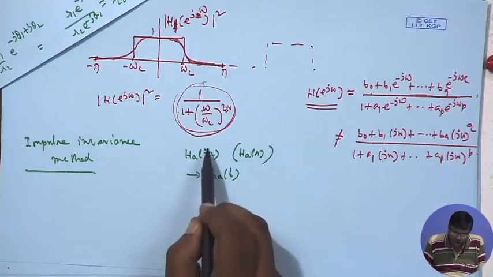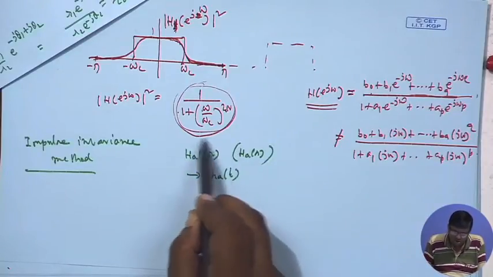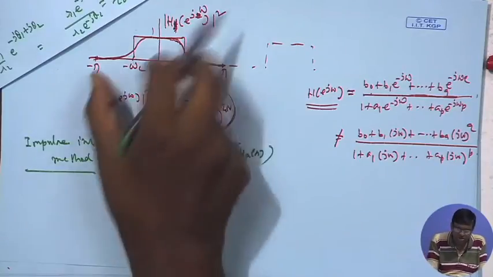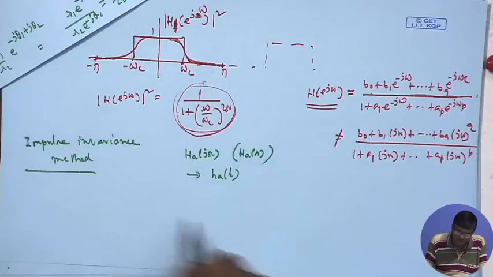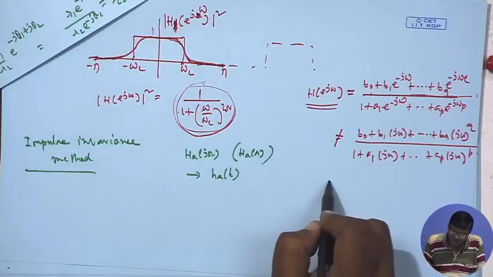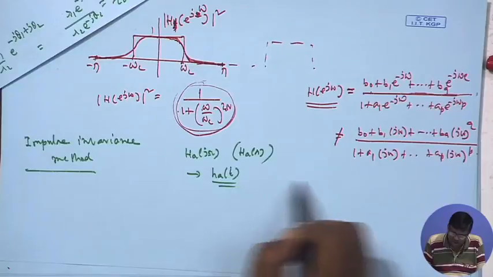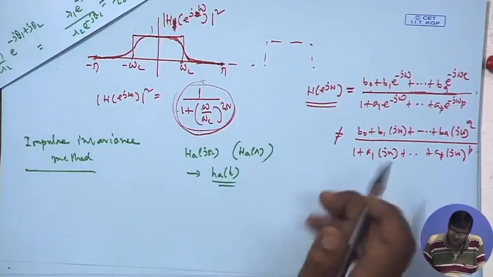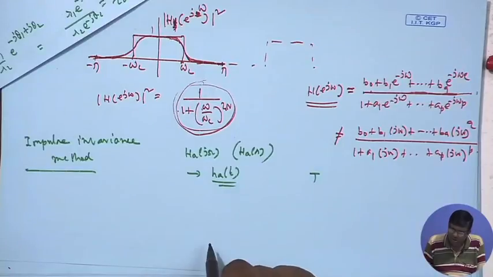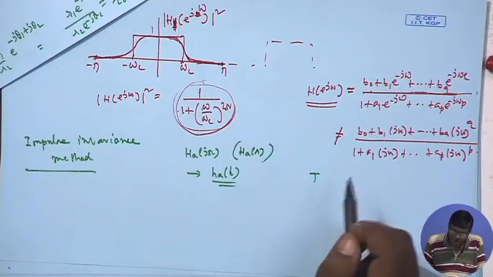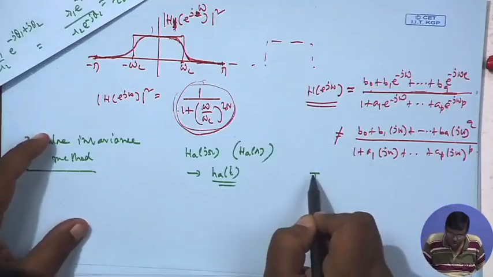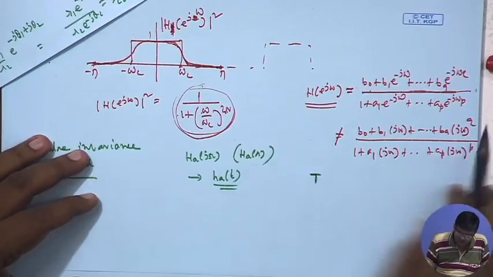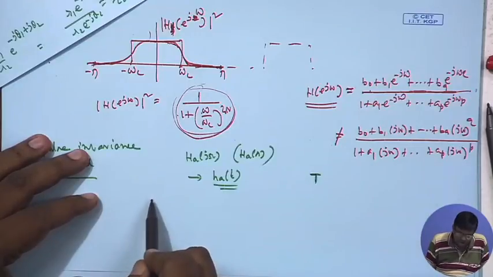We will assume that there is one such H_A(j omega) which is band limited, also Butterworth band limited, going down to 0 like this, and we sample this h_A(t) at the Nyquist rate or above the Nyquist rate. So we choose a sampling period capital T.